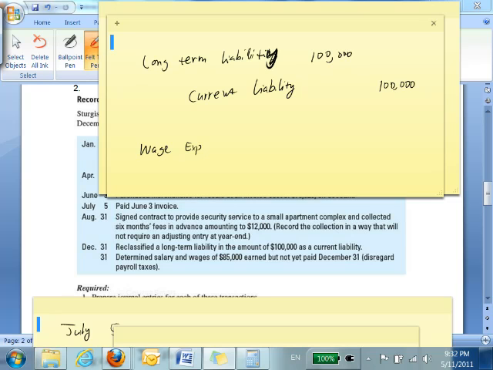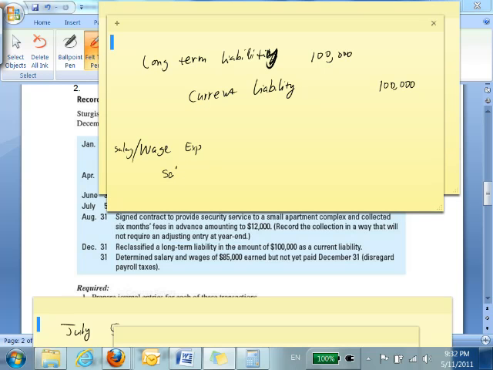Salary and wage expense, salary and wage payable, 85K, 85K. The expense increases, and salary and wage payable, a liability, increases. Okay, we finished requirement 2 for the problem.